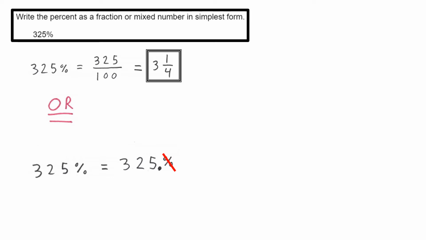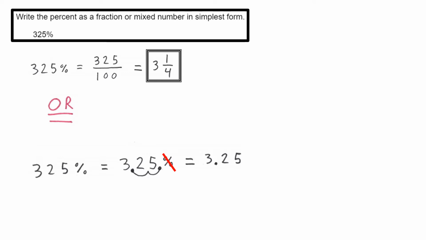Then we remove the percent symbol and we move the decimal point 2 places to the left, giving us 3.25. You may recognize that 3.25 is equivalent to 3 1/4.